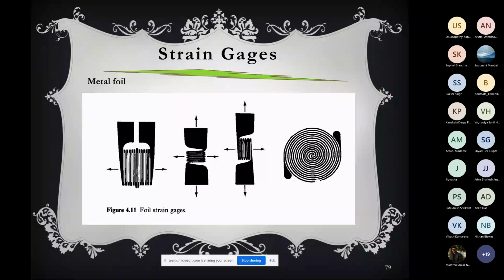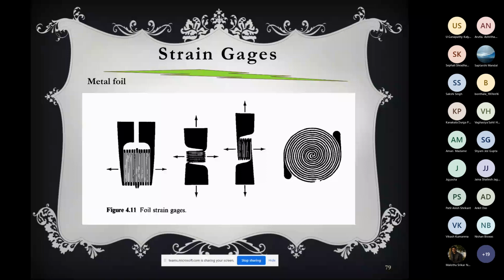This is the first thing. The next thing is the gauge factor I was discussing. The gauge factor will be supplied with the strain gauge by the manufacturer wherever you buy it, and that will be pretty accurate. Now the next point I was trying to make is the direction of the strain.